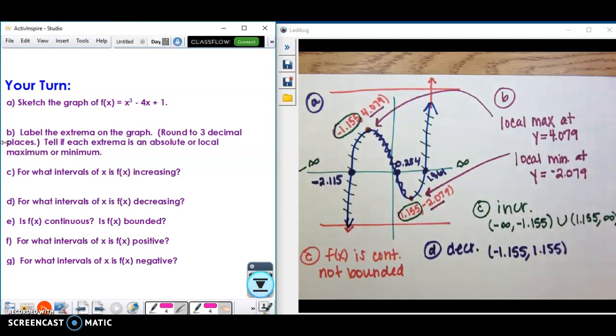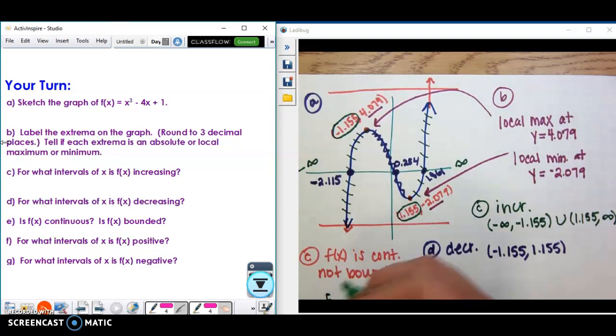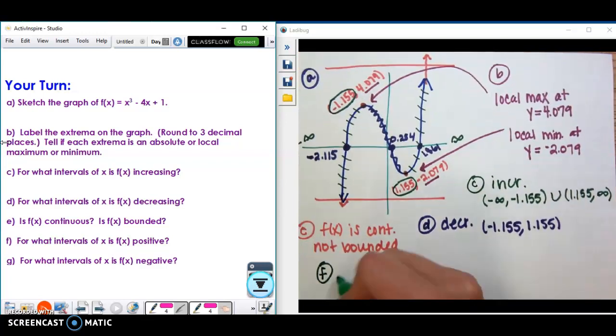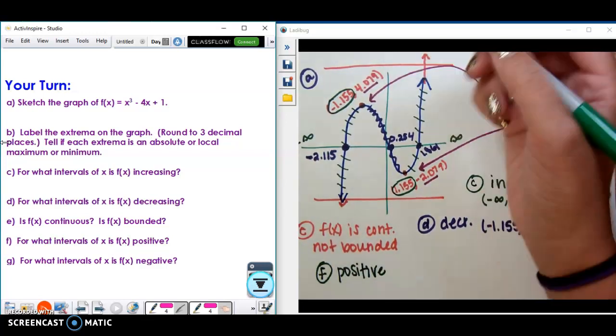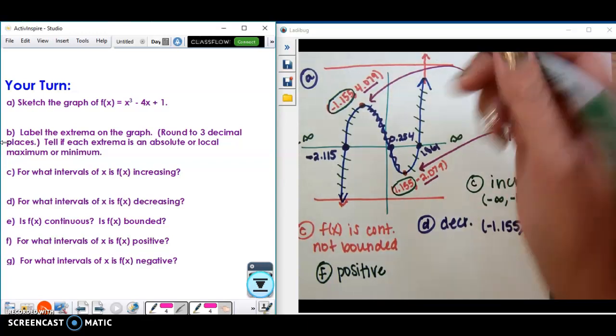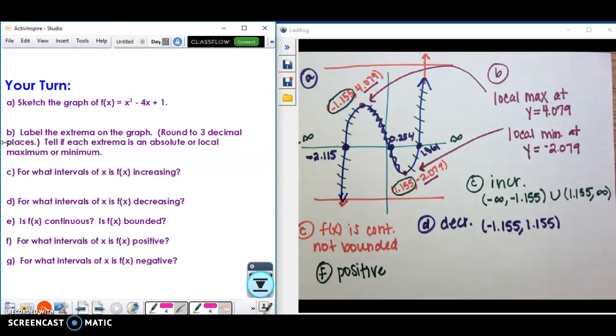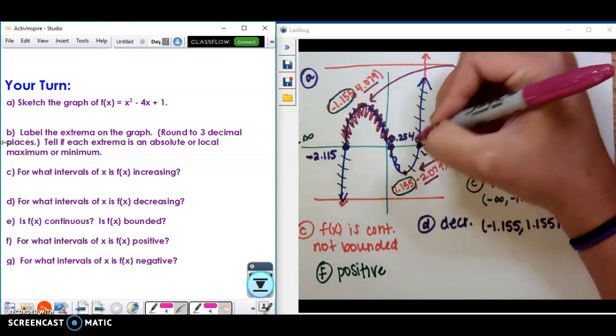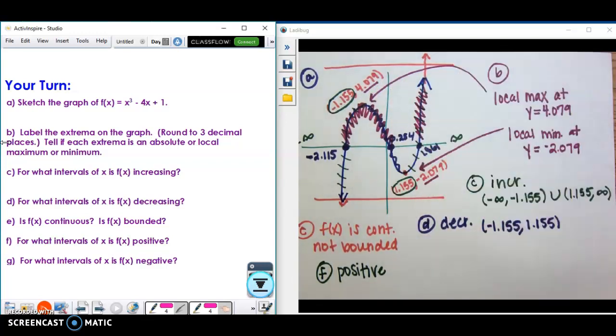All right, then we're looking at part F. For what intervals is the graph of f of x positive? Okay, remember, positive means above the x-axis. So above the x-axis would be, hard to draw, but all of this is above the x-axis. All that's going to be my positive.